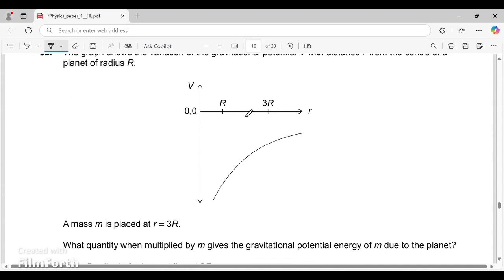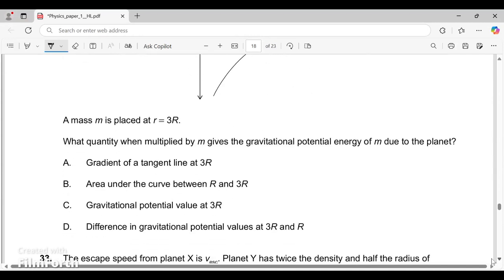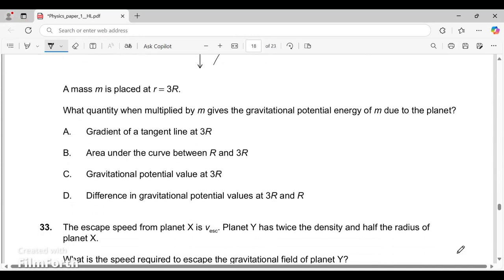At a distance r equal 3R, you can find the gravitational potential V. So from this graph, the answer is the gravitational potential value at 3R, this one.